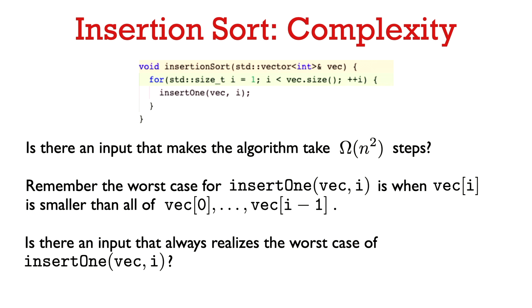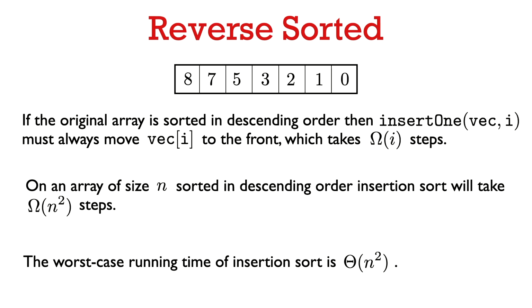Can we design an input where insert1 is always realizing this worst case behavior? Indeed we can, if the original input is sorted in decreasing order. Then whenever we call insert1, the element being inserted has to go all the way to the front of the array. In this case, insertion sort really will take omega of n squared steps.